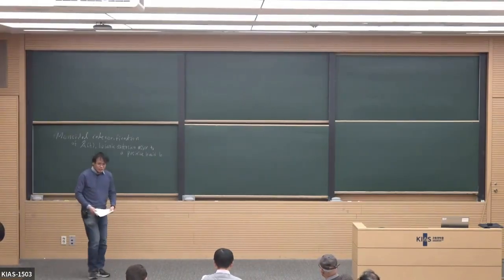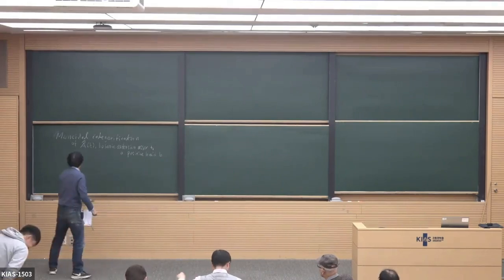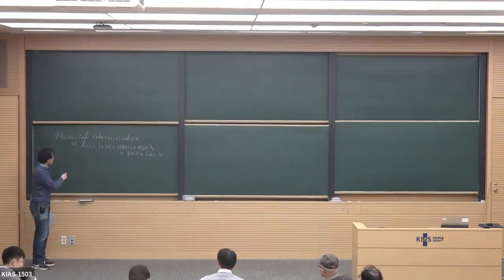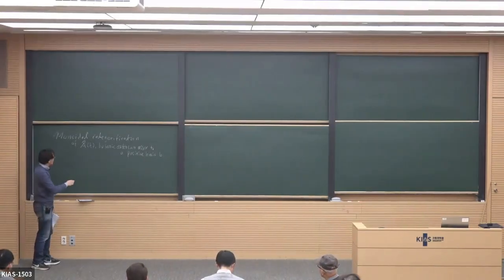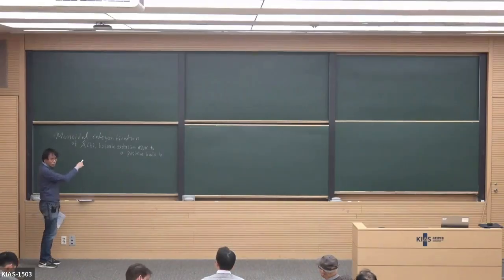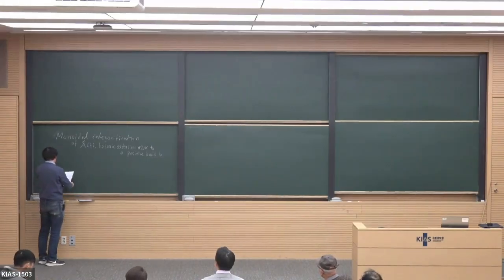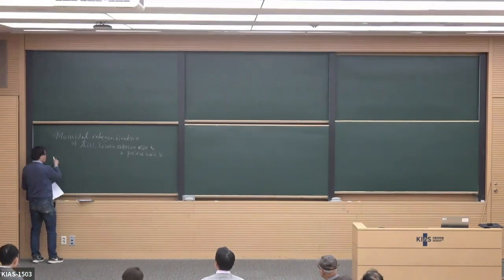Thank you for the introduction. Today I want to talk about the monoidal categorification of the bosonic extension associated to a positive braid B. I think I need to explain all the terms in my title in an hour, so I need to hurry up.